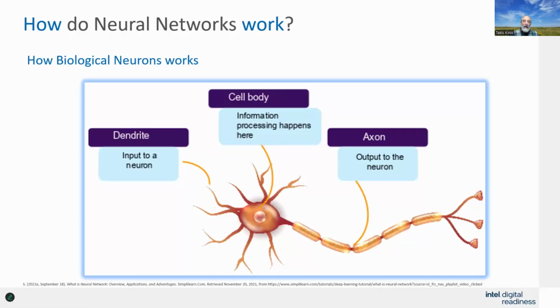And then it outputs, and it might go through the axon to something else. It might control a bodily function, or it might make you speak, or it might send information to the next neuron for processing. That happens in biology too.